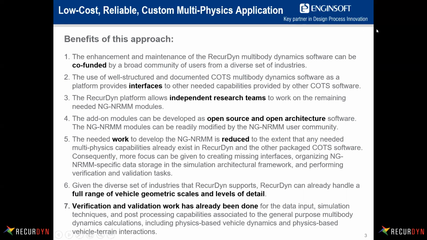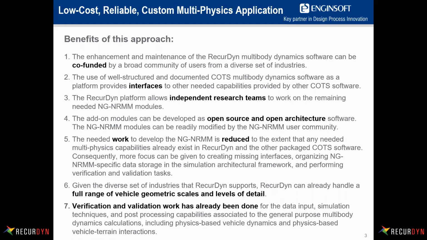The first one is that the enhancement and maintenance of the RecurDyn software itself is co-funded by a broad community of users from many different industries. That's quite important because a tool like NRMM is going to be used by a certain number of agencies, maybe a dozen different agencies who will use the software heavily, and maybe a similar number of governmental contractors.